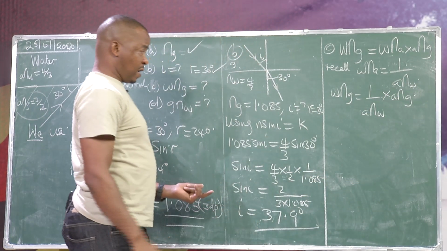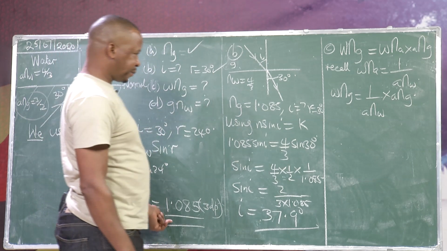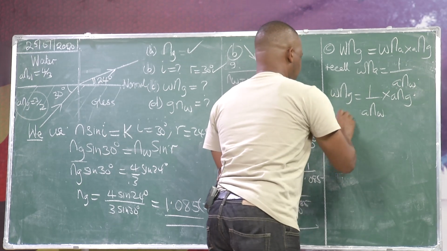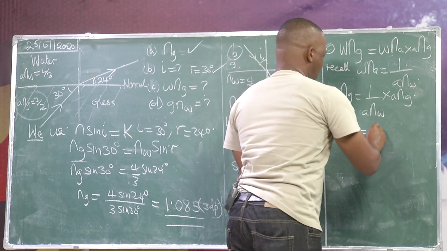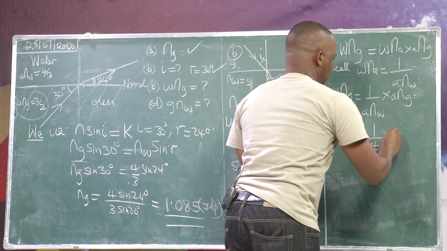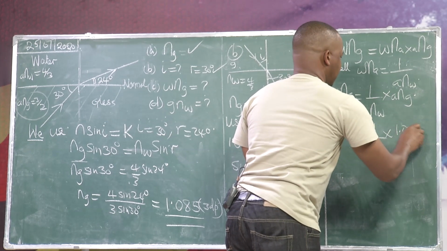We shall use the values that we have already. So we shall use our an glass, which is the absolute refractive index, to get our wng as 1 over 4 over 3 times 1.085.